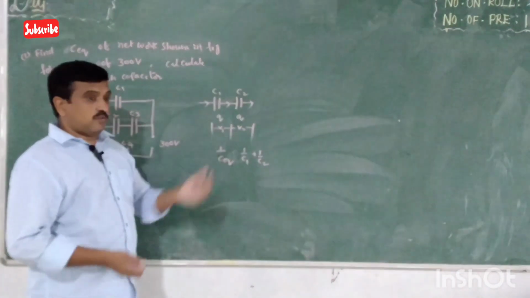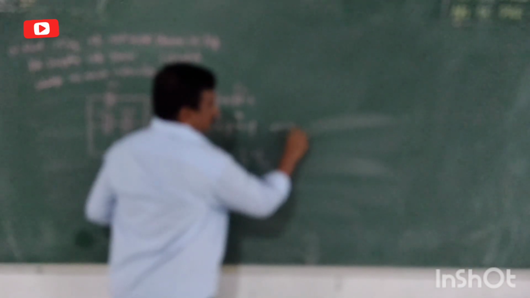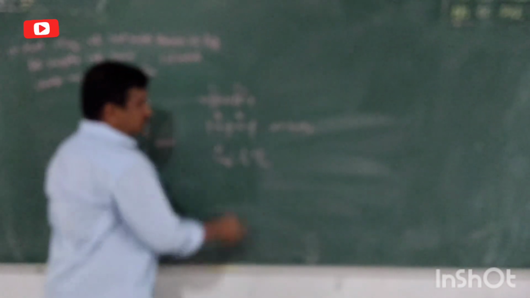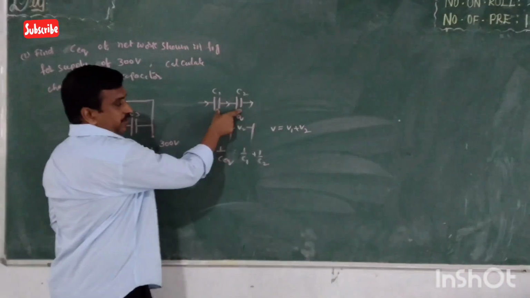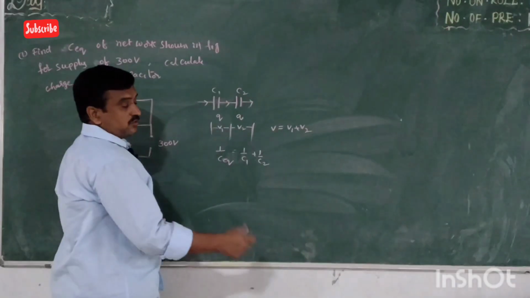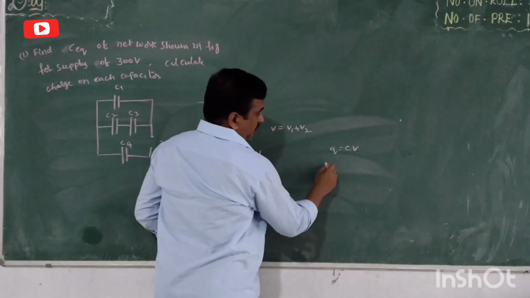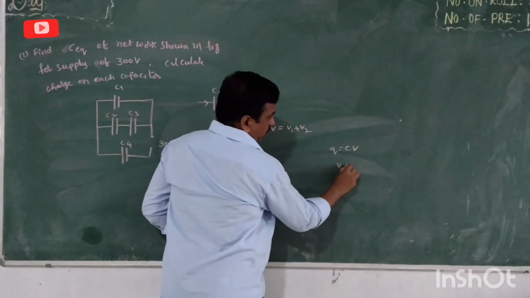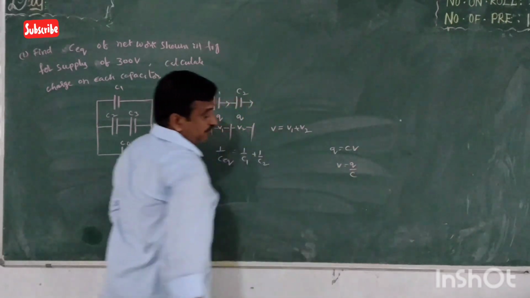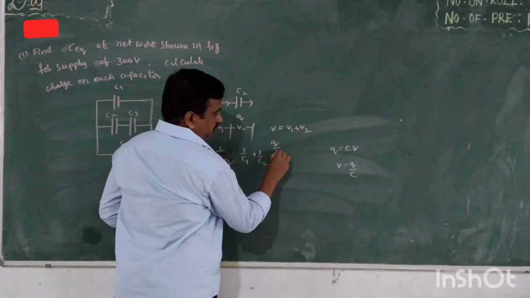So V equals V1 plus V2, the total potential across the capacitors, which is equal to the sum of the potentials. Actually, Q equals CV, so V equals Q by C.